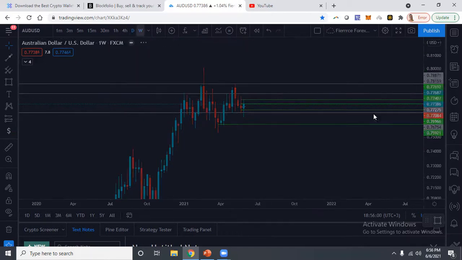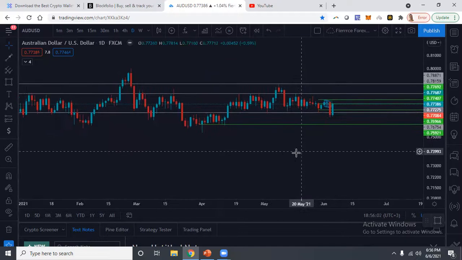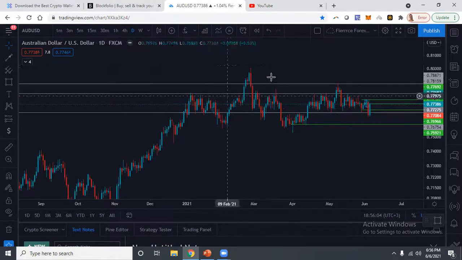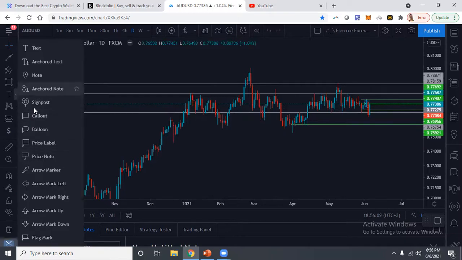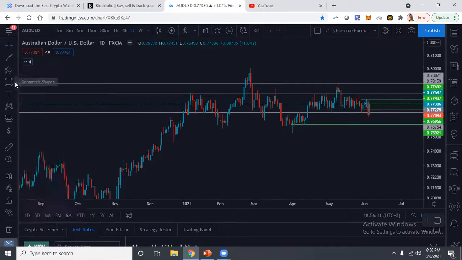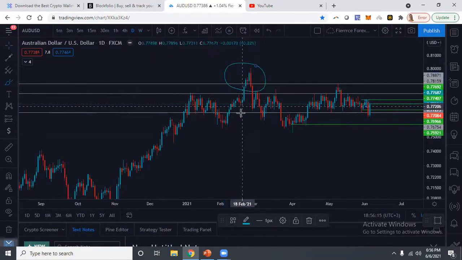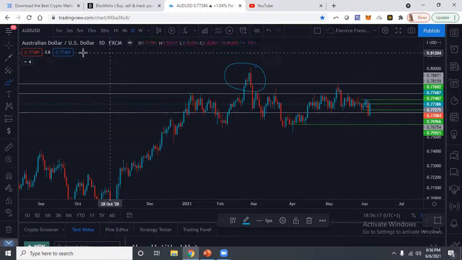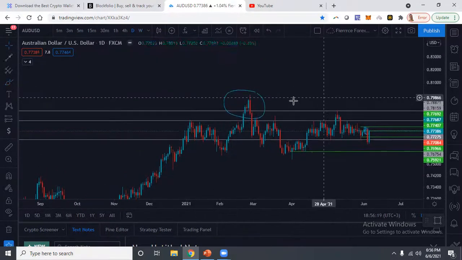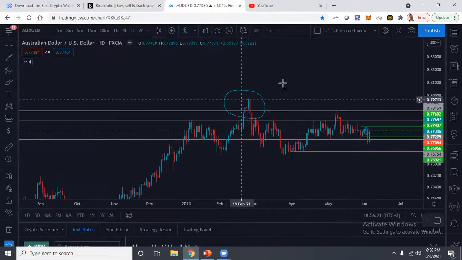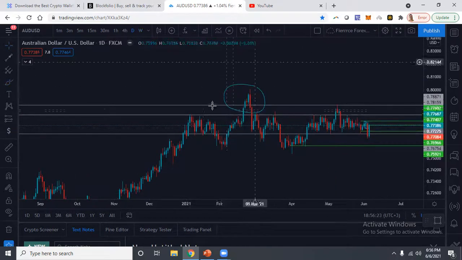If I go to the daily, it's much clearer. There was a bit of a fake out here. You can see this here, a bit of a fake out, faking out any buyers up here who thought that they were going to buy. They were probably faked out.